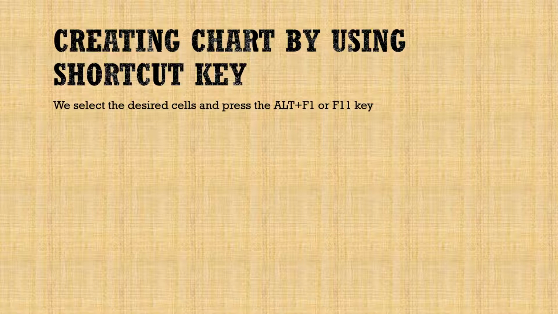Now let us see how to create a chart by using a shortcut key. For creating a chart, first we have to select the desired cells, that is the data from the table on which we have to create a chart. After selecting the desired cells, we press the Alt plus F1 or F11 key for creating a chart.